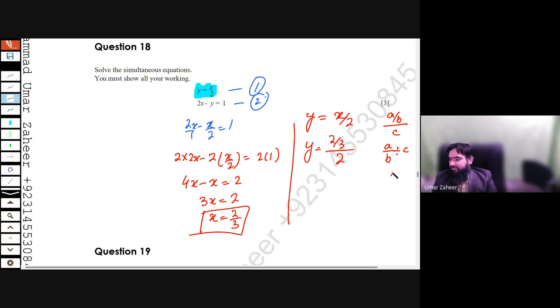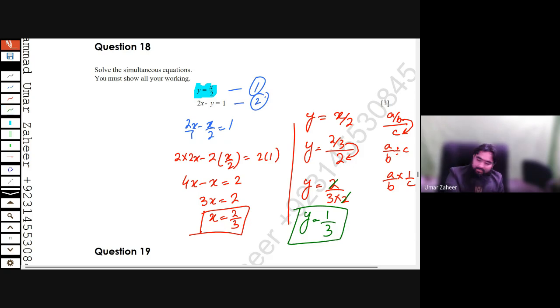What you have to do is change the division sign to multiplication. It will be 1 by c. So in simple words, c will be multiplied with the denominator. In the same way, 3 will be multiplied with the denominator. You will get 2 divided by 3 multiplied by 2. So 2 will be cancelled out. You will get y is equal to 1 divided by 3.